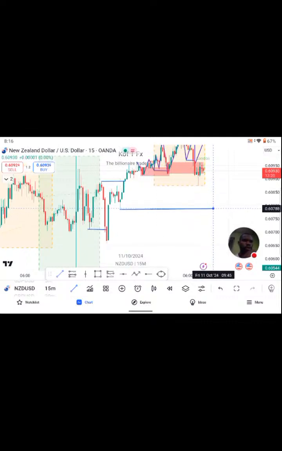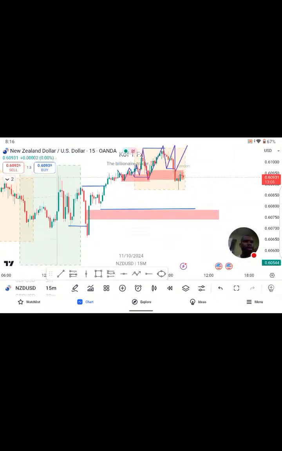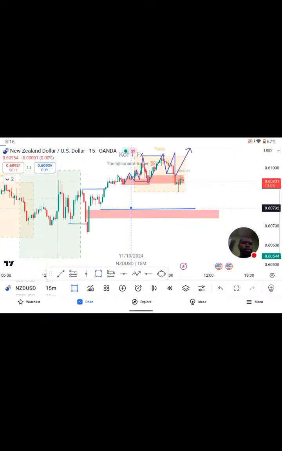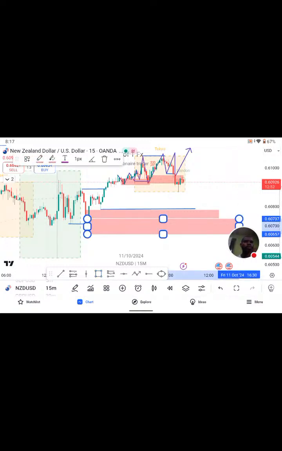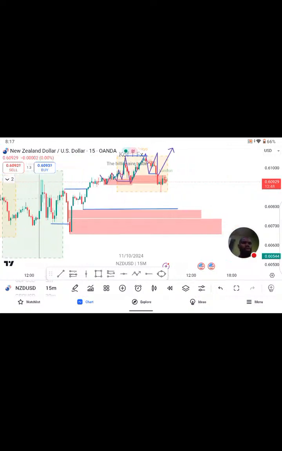Taking out this inducement, price can either react from this double FVG, the order block down there, to go higher, or react from here, either of the two. Let me just leave it straight so we can have something like this happen.